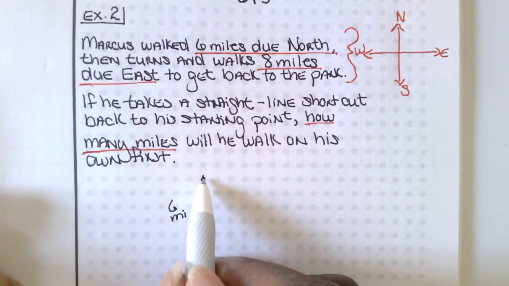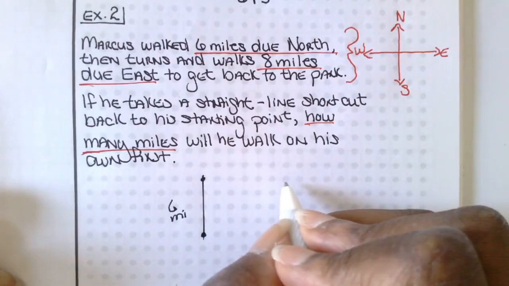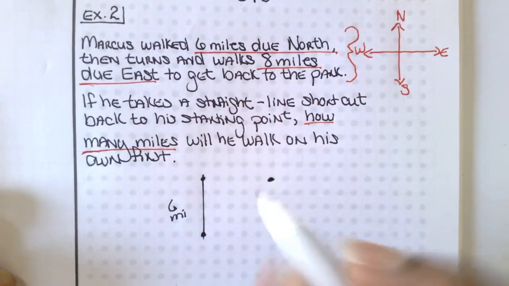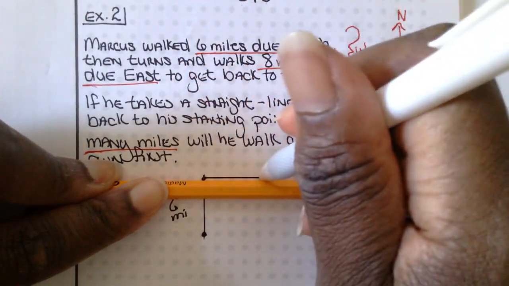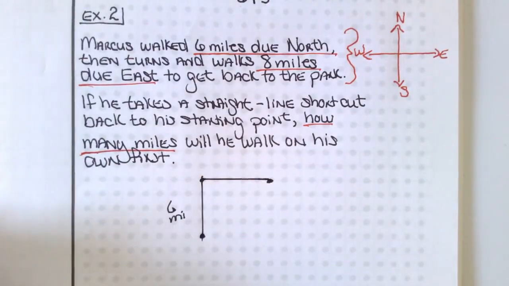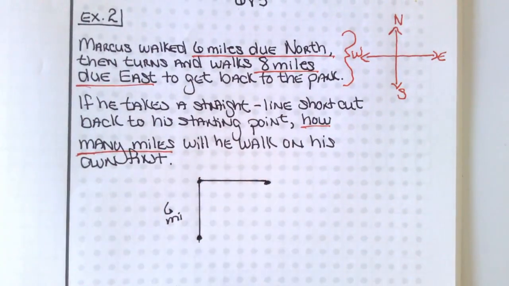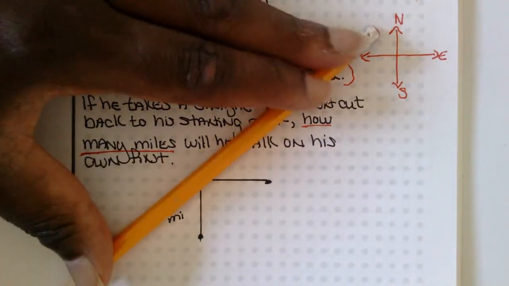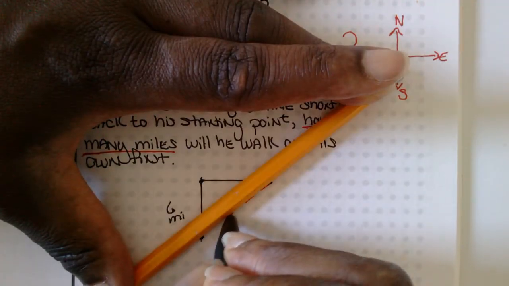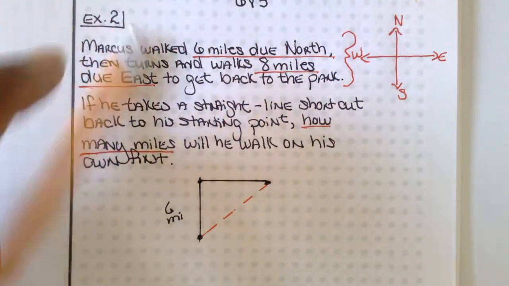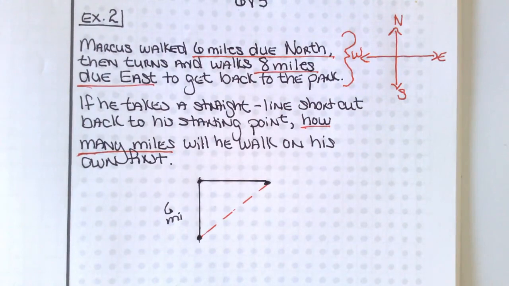Then turns and walks 8 miles due east. Okay, so what they want to know is if they took a straight shot. This. Okay. Alright. So this is what they want to do.